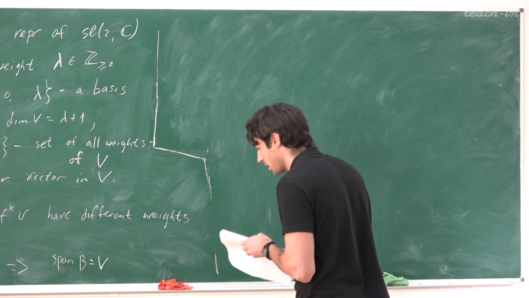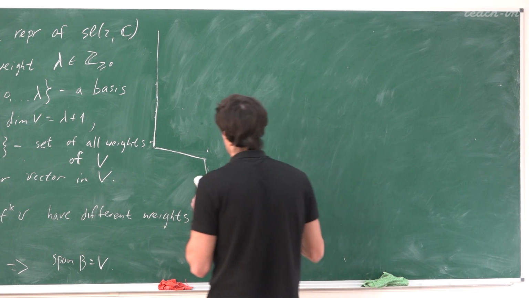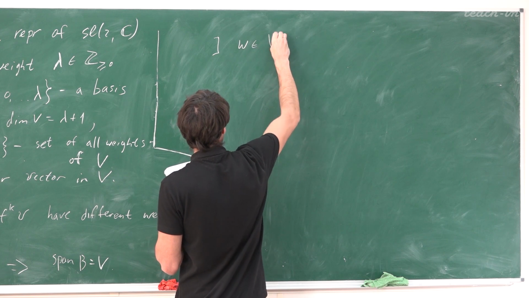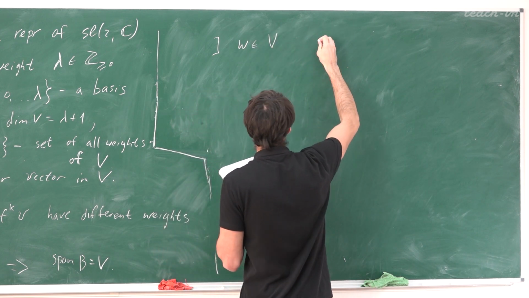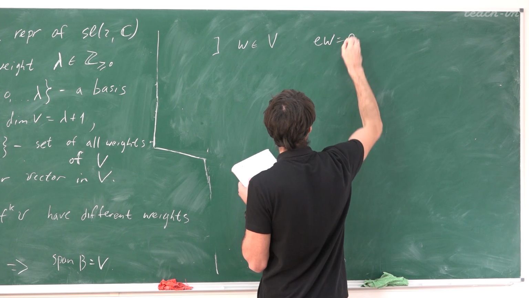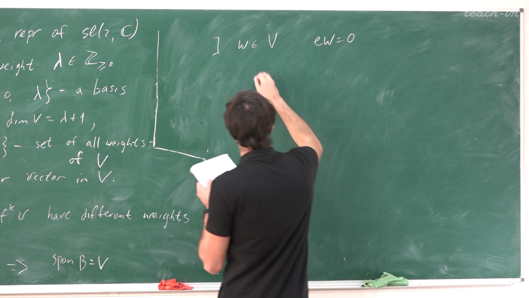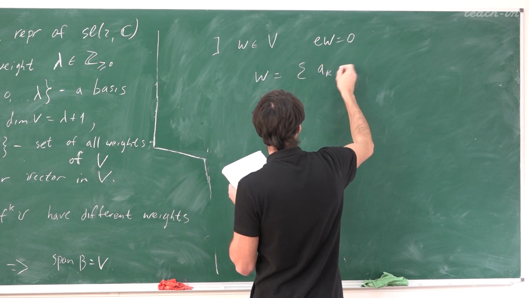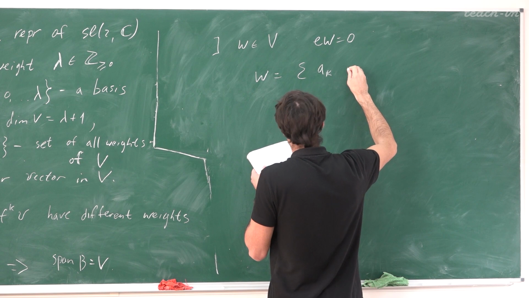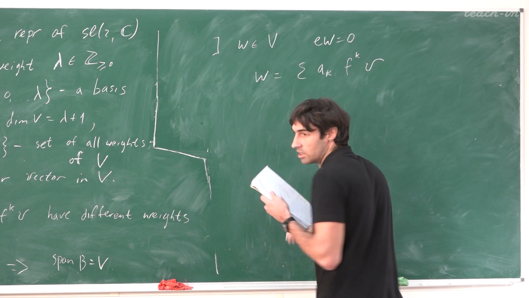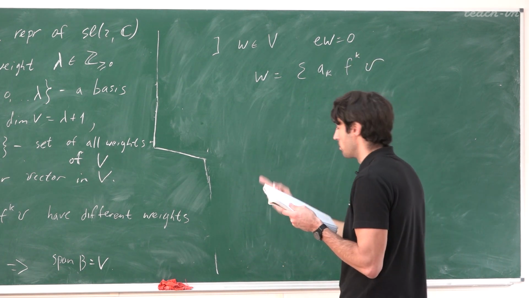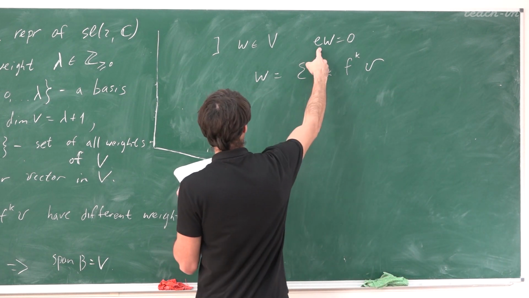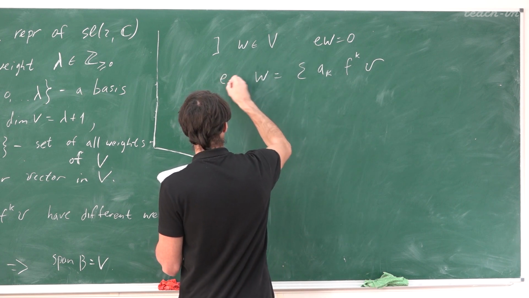So suppose that I have some single vector. Let w in V be non-zero such that Ew is 0. But then I can write w as some linear combination of my v_k's, since it's a basis. Let me apply E to both sides.